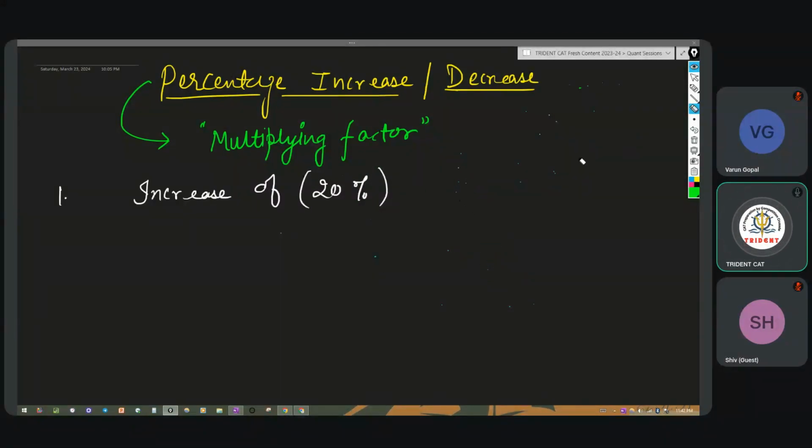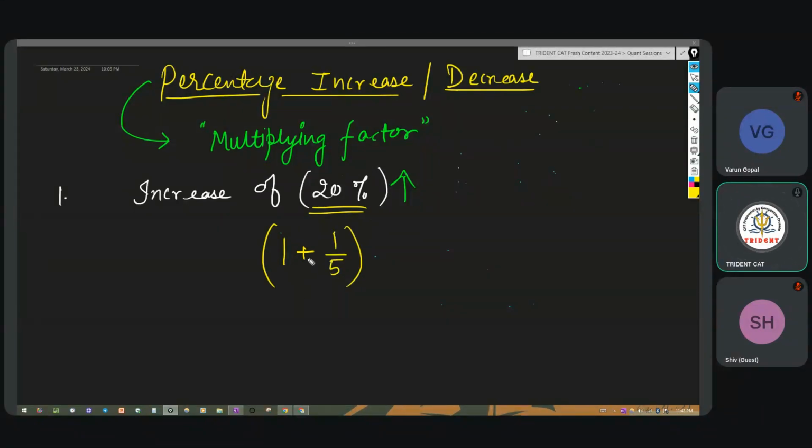Now guys, give me 1 second, allow me to create some space so that I can explain. So a 20% increment will always happen over a base. And typically we consider that base to be either 100% of something, or we write 1 plus the fractional value of 20%, which is 1 by 5.